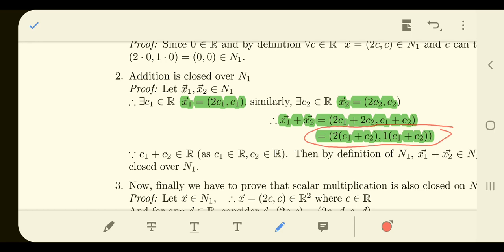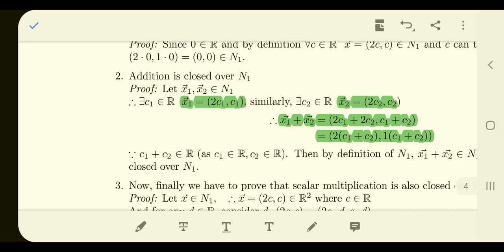So that's how I can say, if you take arbitrarily any two vectors in n1, then the addition of these two vectors will remain in n1, and that's how we say that n1 is closed over vector addition. Now we need to prove whether the scalar multiplication is also closed or not.